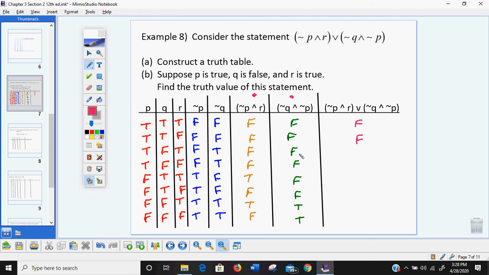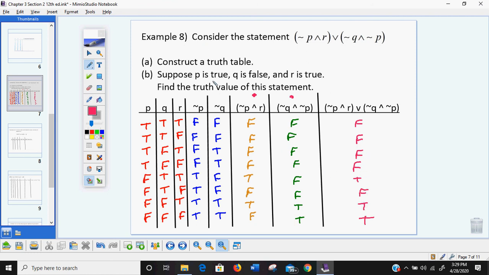So I have 2 falses, I get another false. 2 falses, get another false. A true and a false, it's or. So if one's true, the answer is true. 2 falses is false. A true, true, and a false, true. Both of those are going to be true. One is true, the answer is true. So this would be part A, the truth table.